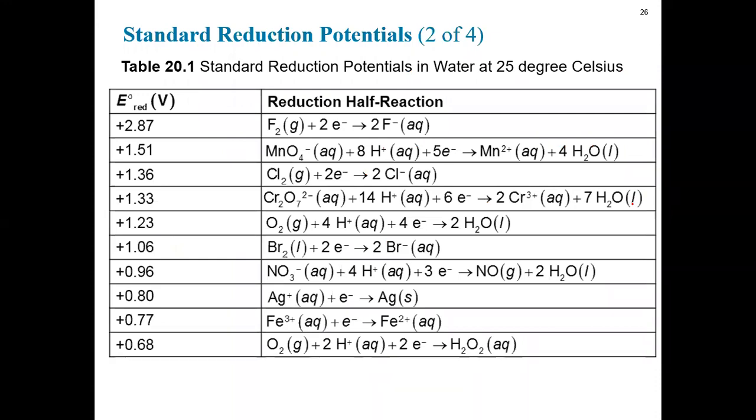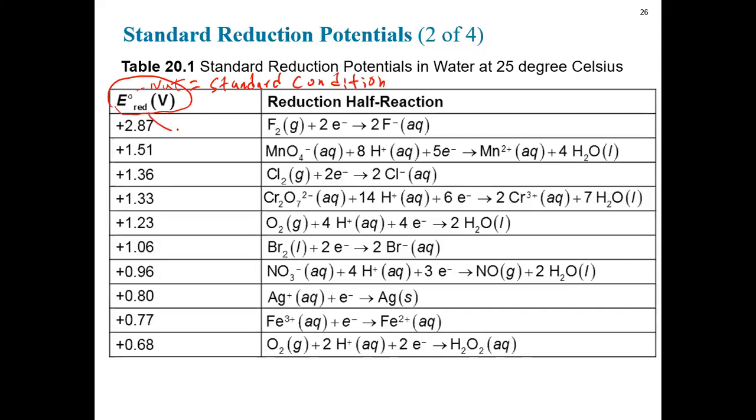Once we have this concept, you can see this table. On this side, you see this number here is E naught, which means standard. When you see that little 0 on the top, it means a standard condition.